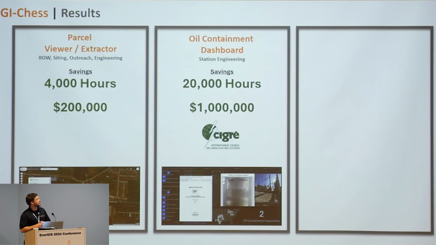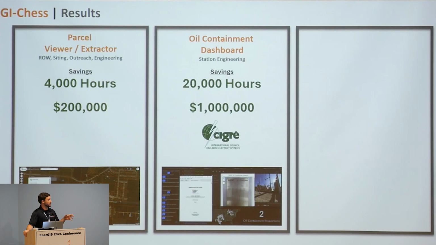The next one was the oil containment dashboard, and this was for station engineering. We had over 3,500 stations across 11 states, so there was a lot to keep track of. The station system of record wasn't in GIS. It's in a separate product called IPS, which is a tabular database. So we were able to connect into there, pull out the maintenance information, which included their oil containment inspections.